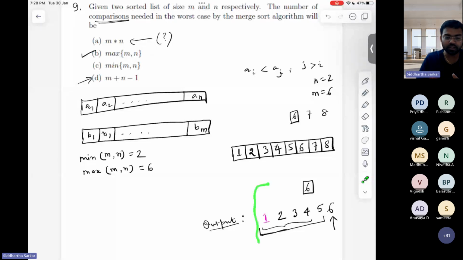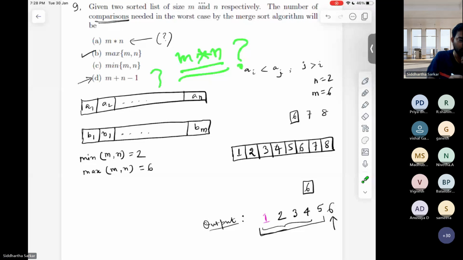This example is telling us that there is an example, there are two arrays for which m plus n minus 1 is in fact required. So this and this are ruled out. Now the doubt is whether m into n is a possibility. That is the doubt we have now. So the doubt is between A and D now.